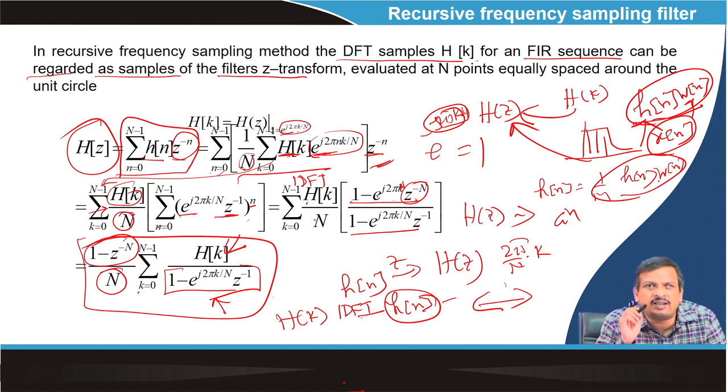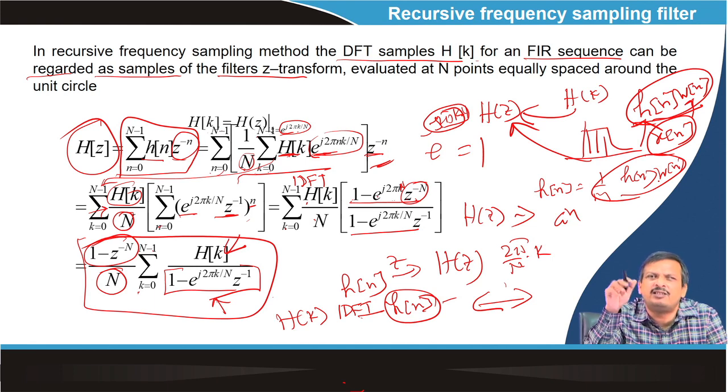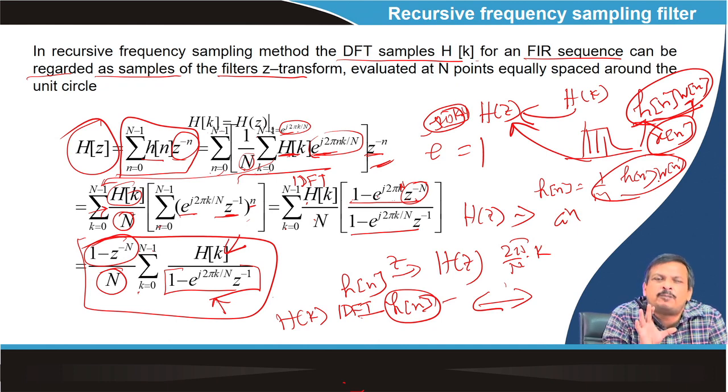What I suggest is, please implement the windowing method and at least one frequency sampling method, then you will understand how to implement an FIR filter. If you just write a MATLAB program for an FIR filter, you now know what parameters you have to provide for FIR filter design.